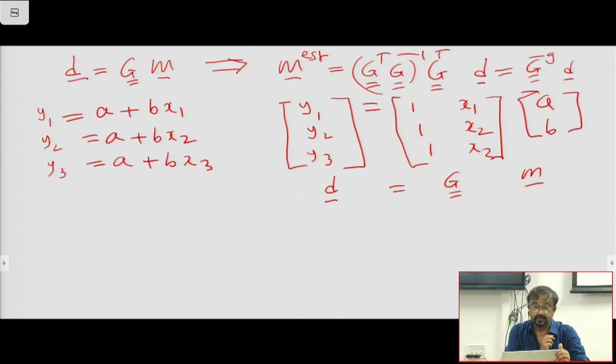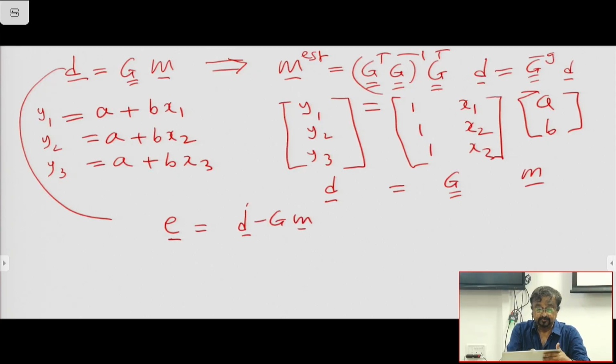Now, I told you that this matrix may not be invertible. Well, first of all, how did we get this solution? We got this solution by minimizing this error, right? D observed minus GM, transpose D observed minus GM.